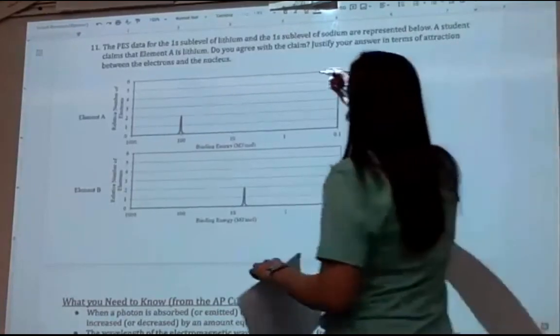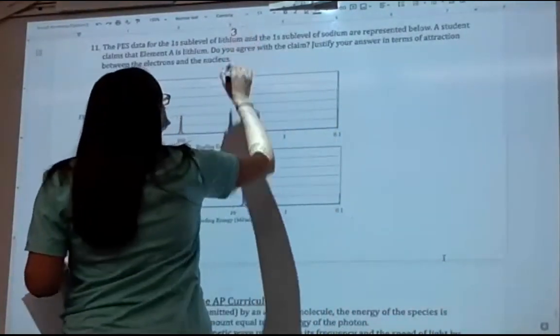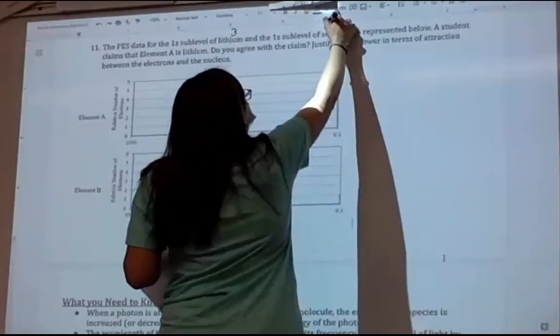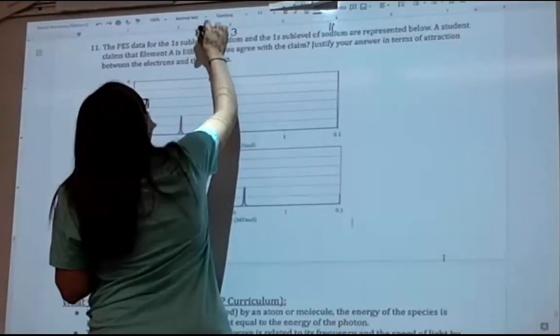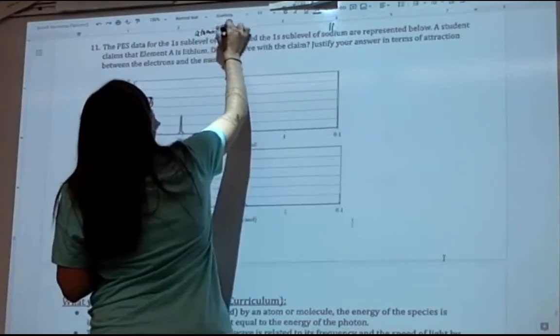Lithium has an atomic number of 3. Sodium has an atomic number of 11.